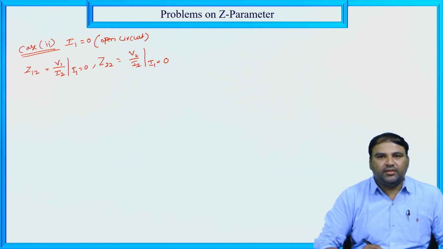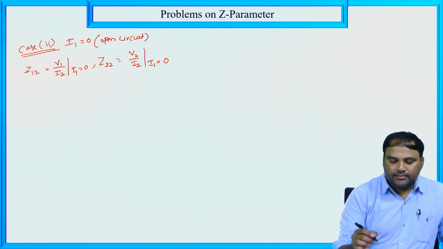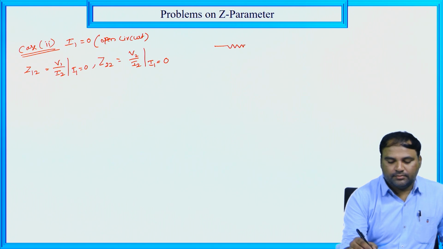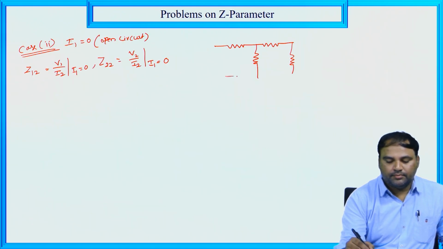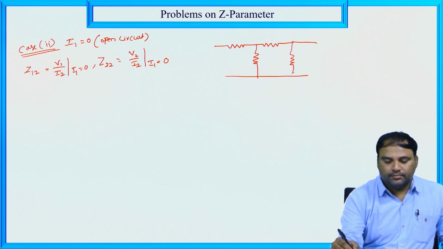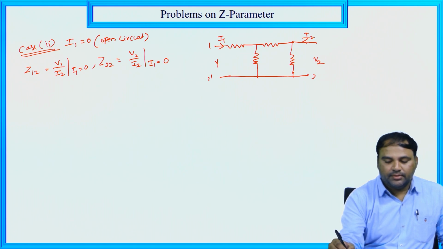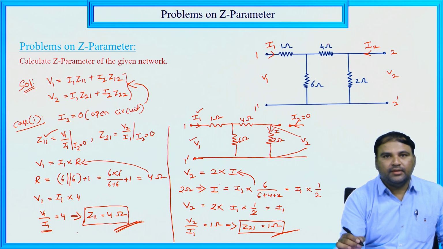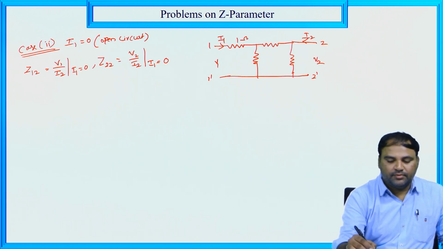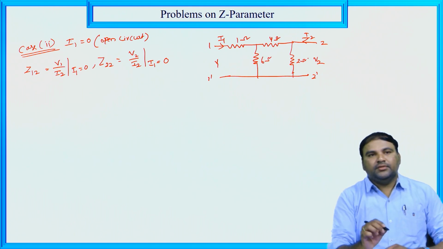Now we need to redraw the circuit. So this is 1, 1 dash, V1, I1, and this is I2, V2, 2 dash, and this is 2. In this case, what we need to do?